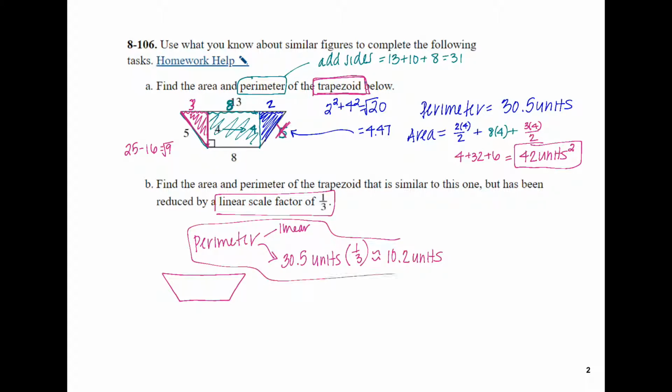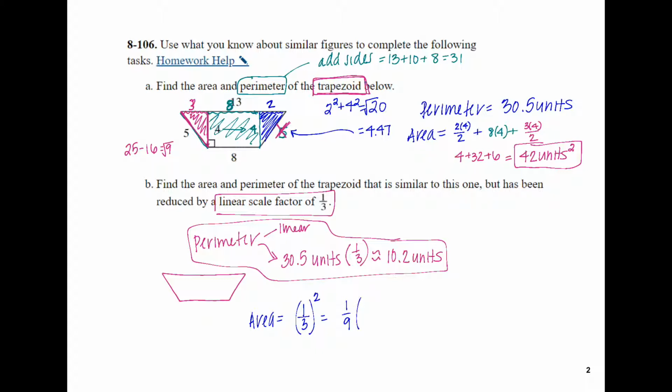With the area, remember, we're talking about two-dimensional. So when we talked about two-dimensional, we needed to take our linear scale factor and square it. So after we square that, we get 1/9.